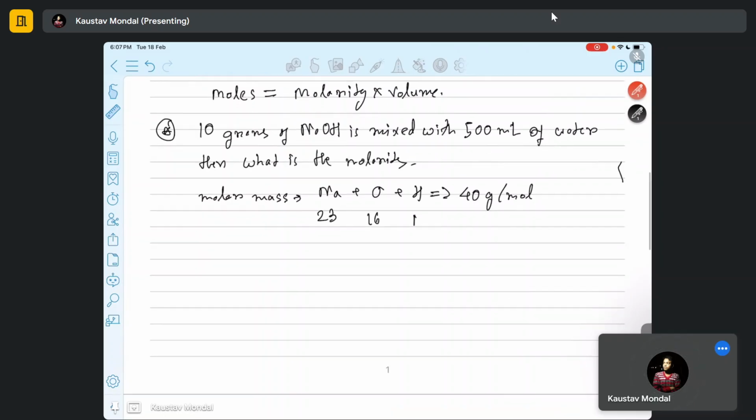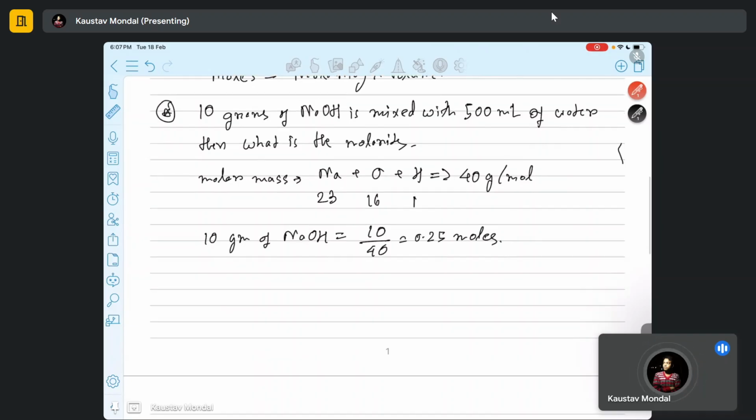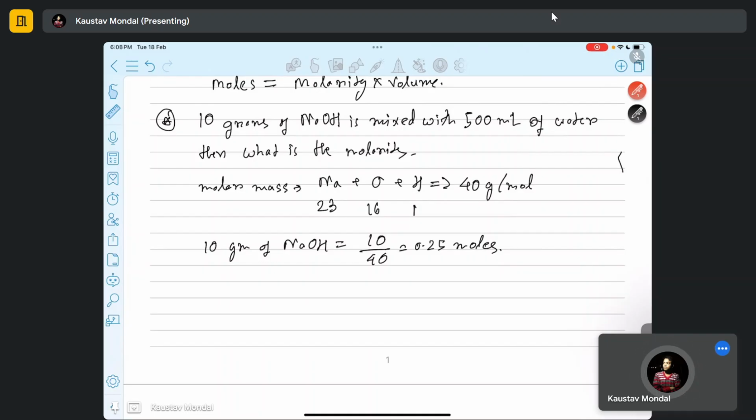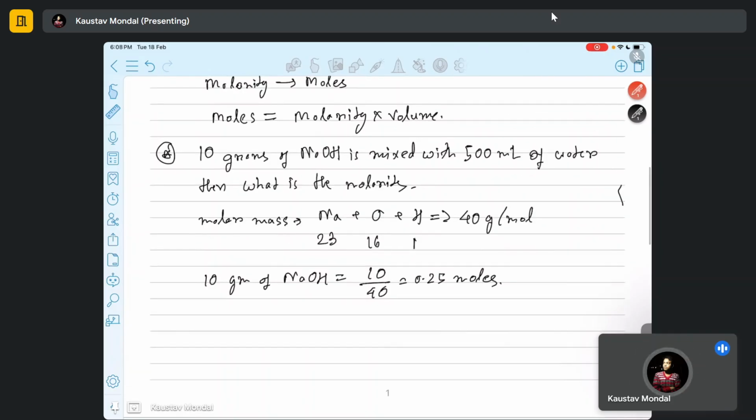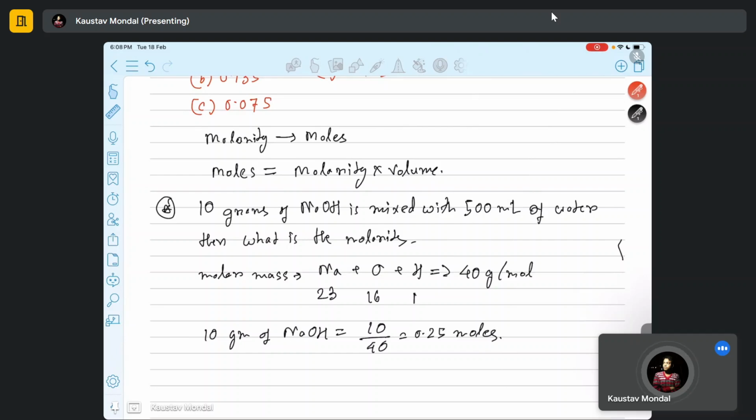Now in the problem only 10 grams of NaOH is mixed with 500 ml of water. So 40 gram equal to 1 mole. That means 10 gram will be equal to 10 by 40, right? So 10 gram of NaOH equals 10 by 40 equals 0.25 moles. Now this 0.25 moles is mixed with 500 ml of water, but in the formula the volume should be written in liters.